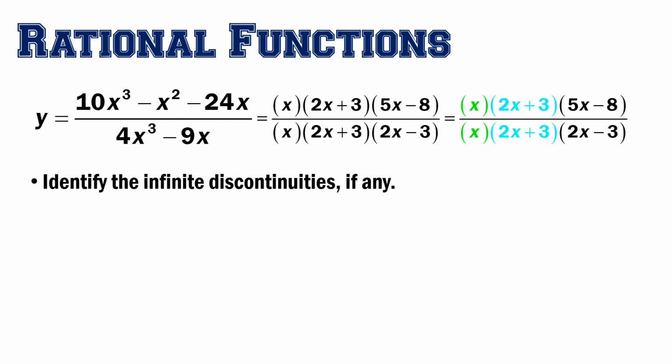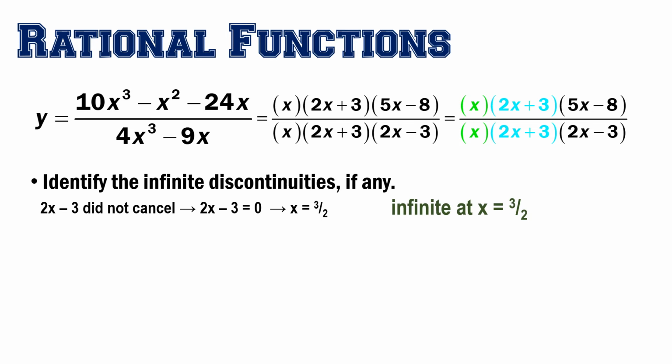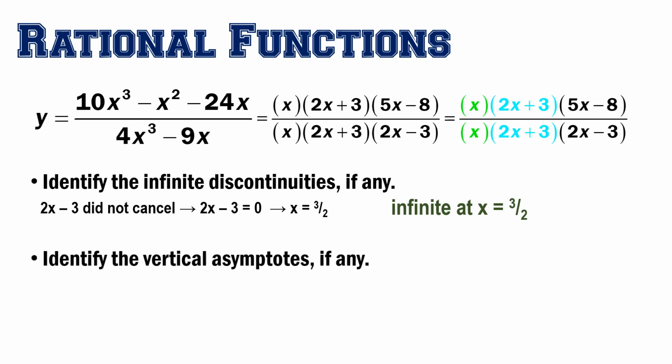There will be an infinite discontinuity because the denominator still has a factor of 2x minus 3 which did not cancel. And when set to 0, we find out that x equals 3 halves is where the infinite discontinuity occurs. And because we have an infinite discontinuity at x equals 3 halves, we also have a vertical asymptote of the equation x equals 3 halves.